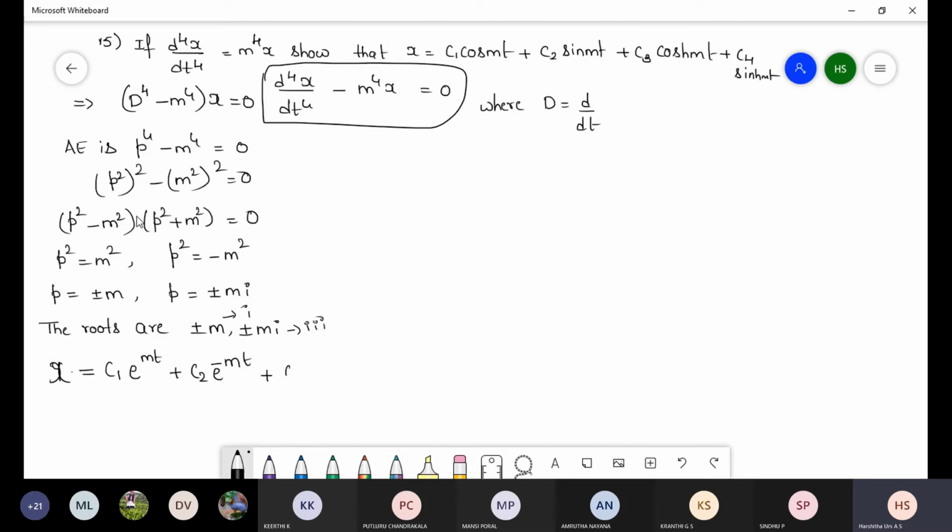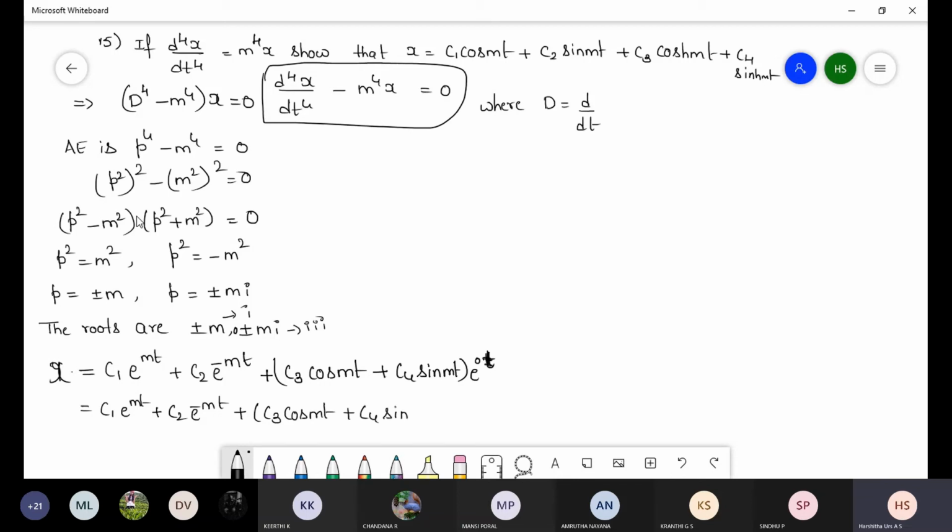Case 3, that is c3 cos mt plus c4 sin mt, because here p is not given, that means 0. So e power 0 into t means e power 0, the value of e power 0 is 1. So I write c1 e power mt plus c2 e power minus mt plus c3 cos mt plus c4 sin mt.